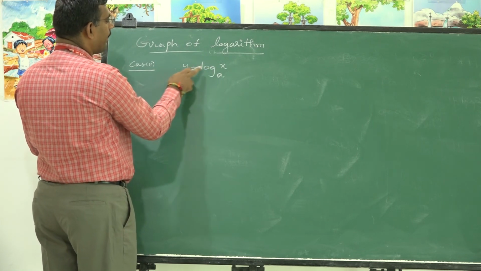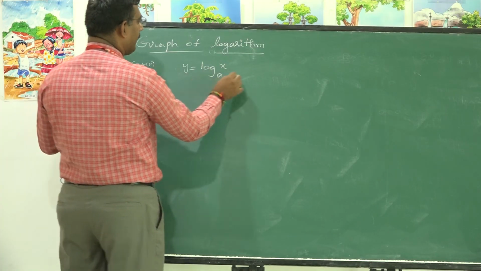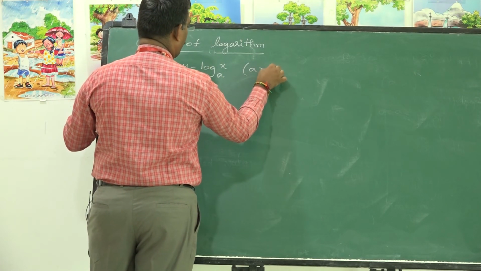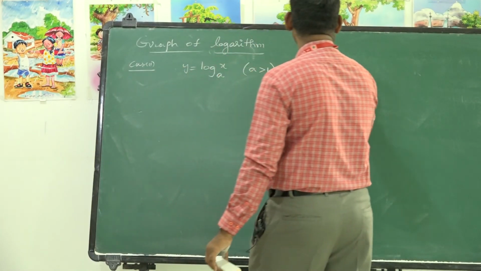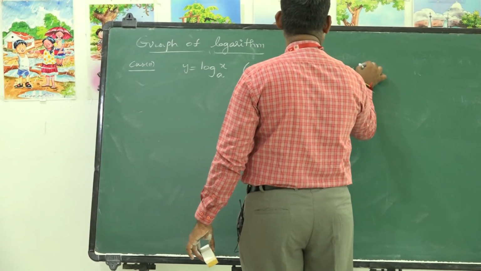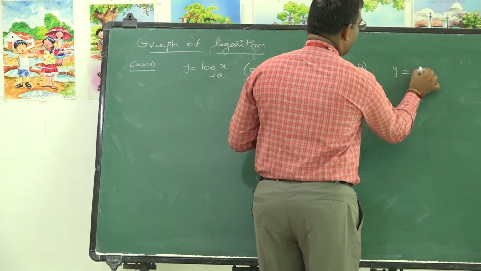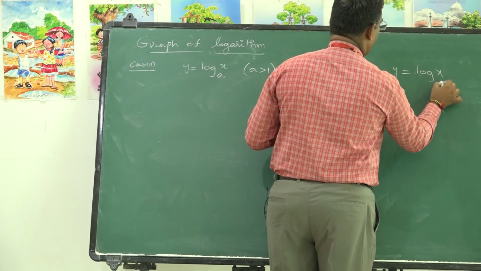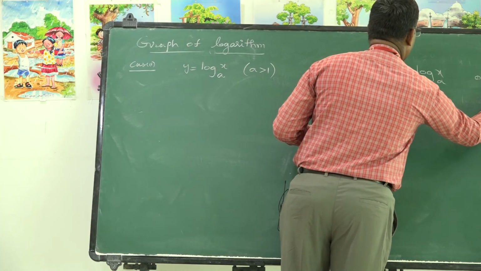Here x is the independent value, y depends on x, but here the base is greater than 1. Case 2. y is equal to log x base a and the base lies between 0 and 1.